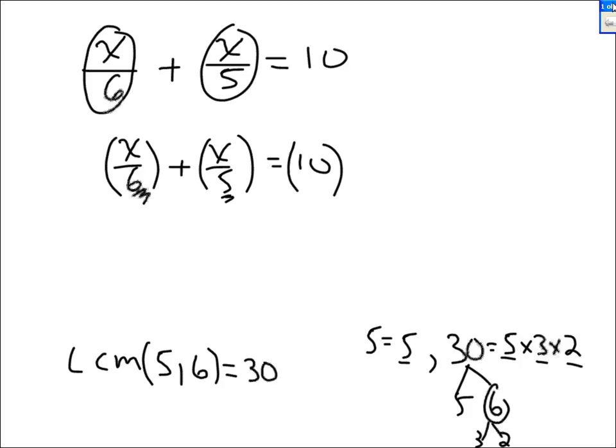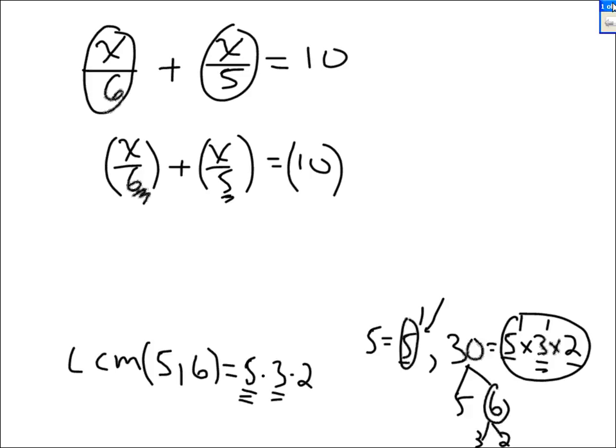So the LCM will have 5, 3, and 2 in it. The largest power of 5 that I see is 1. I won't even put the 1 there. The power of 3 is 1. 3 to the 1 wins.